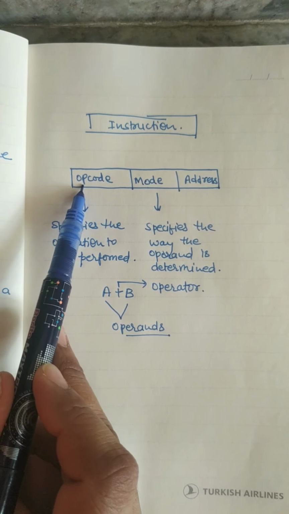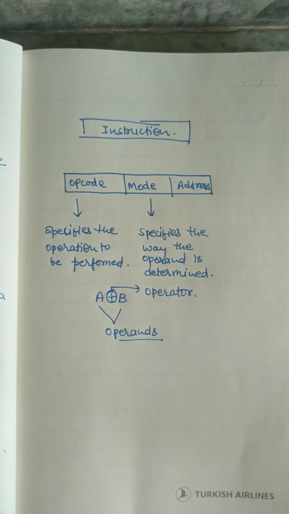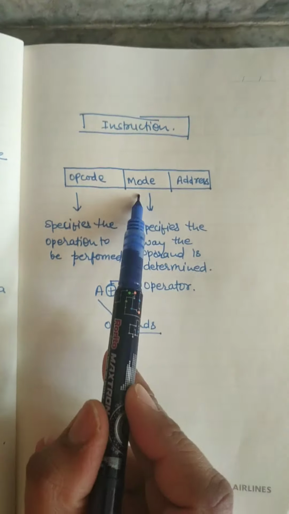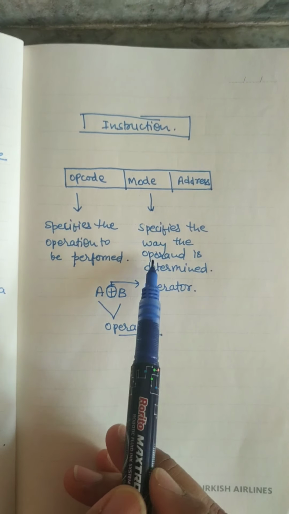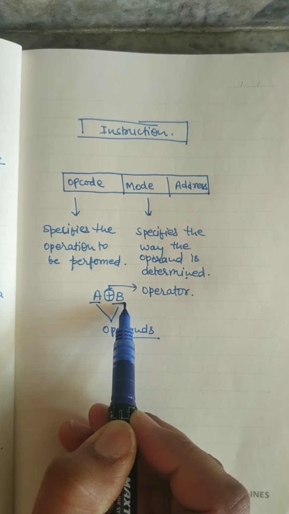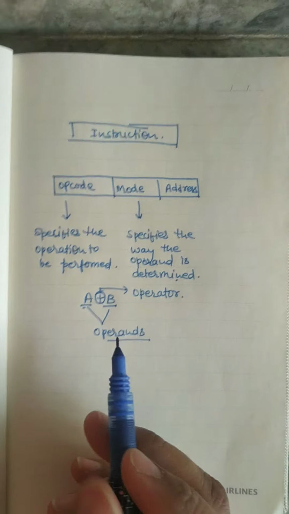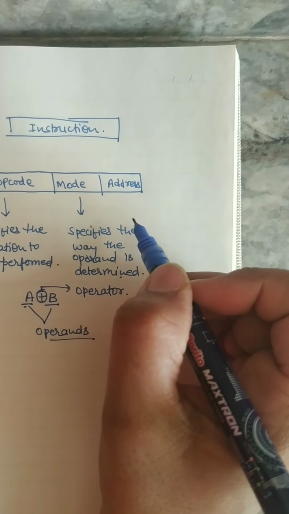So the opcode or the operation code specifies the operation to be performed, and the mode field specifies the way the operand is determined, that is, from where we can get the values of our operands, that is our A and B.